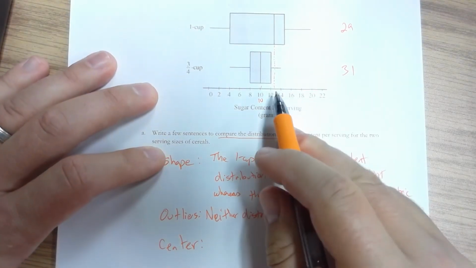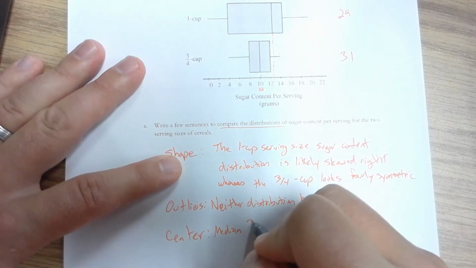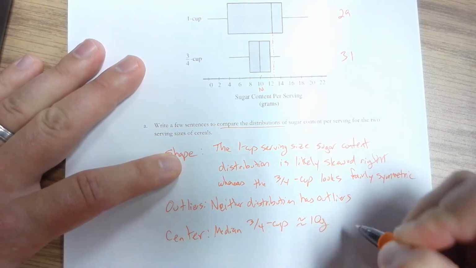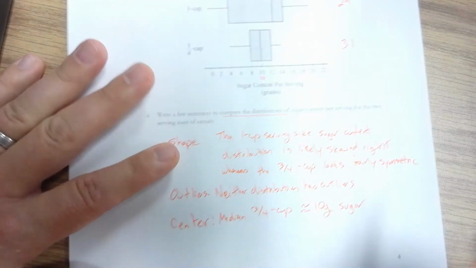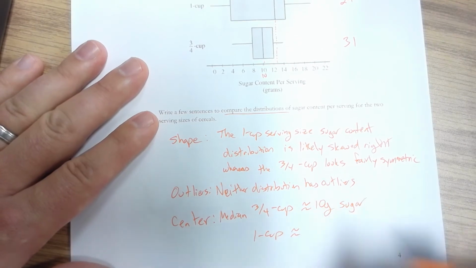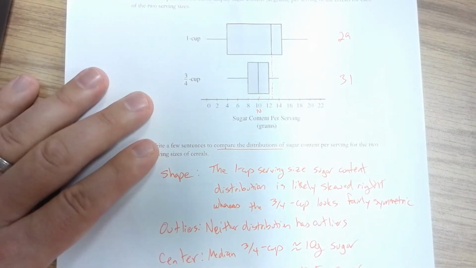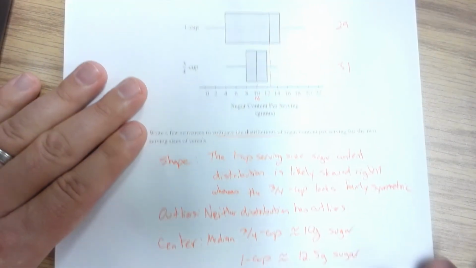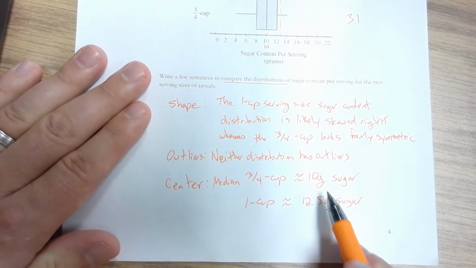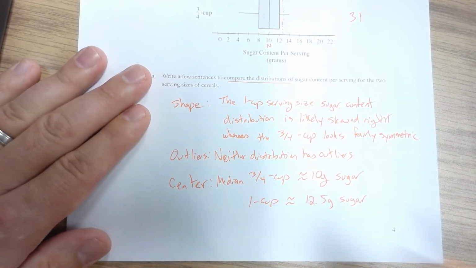I don't want to go as bold to say it's 13 either, but the median for 3/4 cup, I'll use the word approximately 10 grams of sugar, whereas the 1 cup, I'm going to say it's about 12.5 grams of sugar. Seems like it's between the 12 and the 13 to me, so about 12.5. So I can just give a real quick comparison with the 2 values, and you don't have to say it's higher or lower in this case. It's clear you've listed the value. So sugar content for the median is a little bit lower for the 3/4 cup.